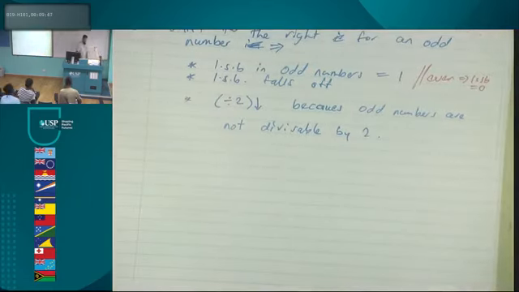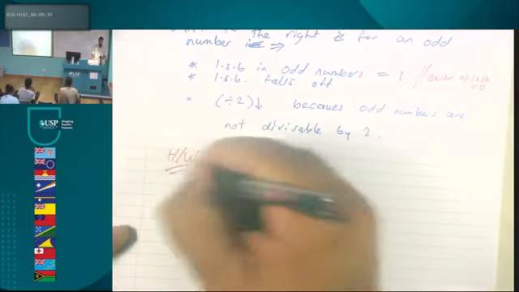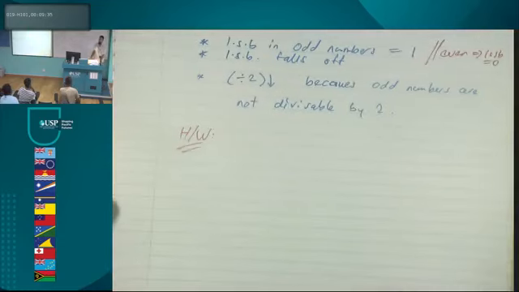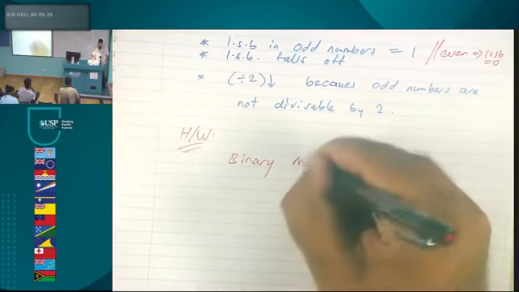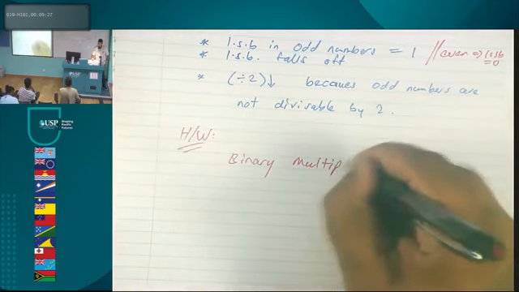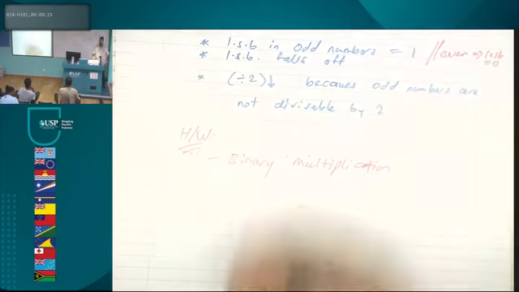All right, guys. So that brings us to an end. There are lots of other things. Some other homework which I would like you to check out is there are some other operations, for example binary multiplication.